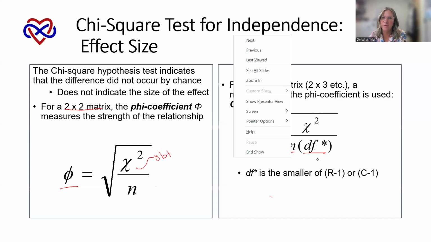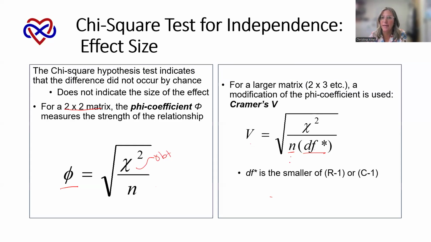So if it's a 2 by 3, you would just be multiplying by 1, and it would really be the same calculation as phi coefficient, but you shouldn't report a phi coefficient for a 2 by 3 or larger. You would report a Cramér's V, which again is the strength of the relationship between those two variables. Again, this is your obtained test statistic.